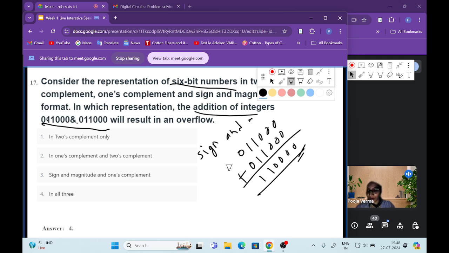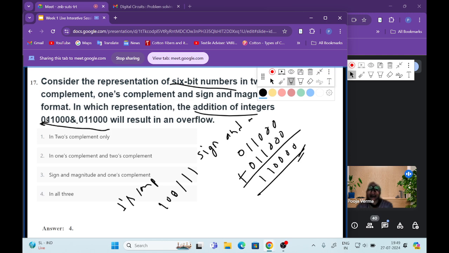Okay, now what you need to do is check in ones and twos complement form. So first take the ones complement of this number. In ones complement it is 1 0 0 1 1 1.